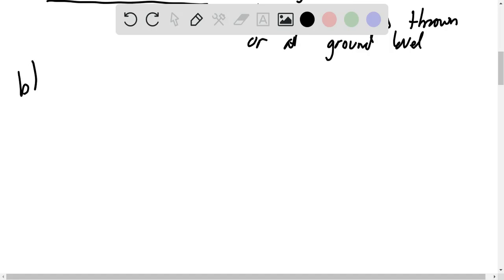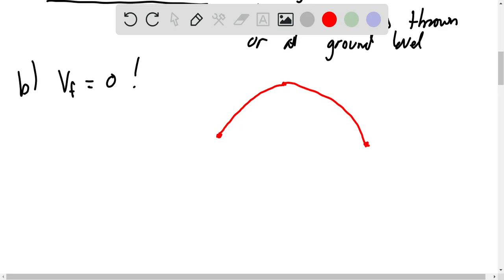And so at this point, you have to think for a couple of seconds, or if this is your first time, maybe a minute or two, and understand that when the object reaches its maximum height, we can make a statement about its vertical velocity. And that is, we can make the statement that vf, or the vertical velocity, is 0. Because when an object is traveling through the air, it is thrown at some angle until it reaches its maximum height, and then it begins to fall down due to gravity and hit the ground again.